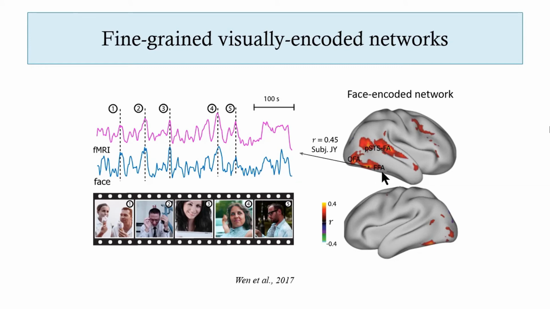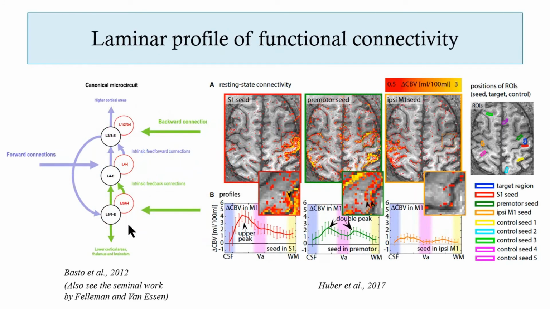And even though the analysis is targeted to this network, we can go back to the movie that was presented to the subject and look at how the network activity goes up and down. You can find that when it goes to the peak, it corresponds to the time points where the movie contains human faces. So this type of stimulus gives you more options to interpret the patterns of functional connectivity.